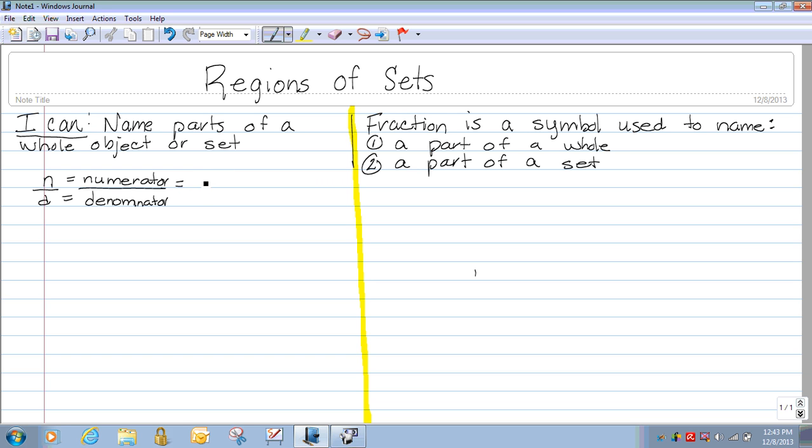The numerator is part of the set, and then the denominator is all of the set, or how many equal parts this is divided into. Push pause to write your notes.